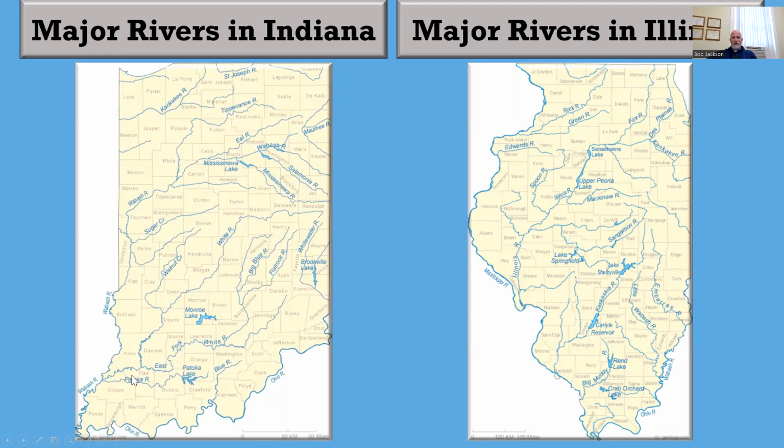If you're down south, you get the Patoka River here. Up north, you've got the Kankakee. If you're up below the Hammond and Gary area, you have the Kankakee River and the St. Joseph's up there in Notre Dame country, South Bend.